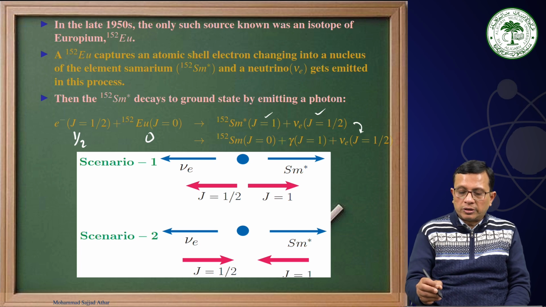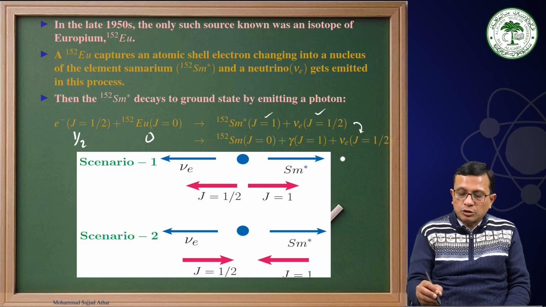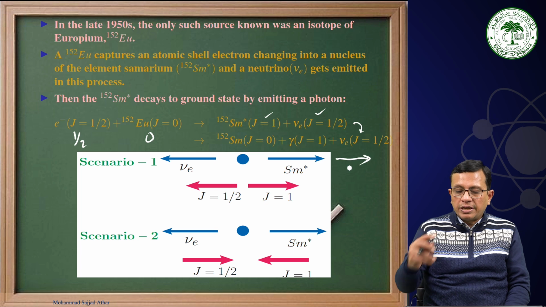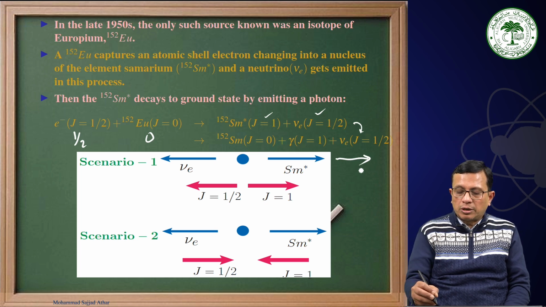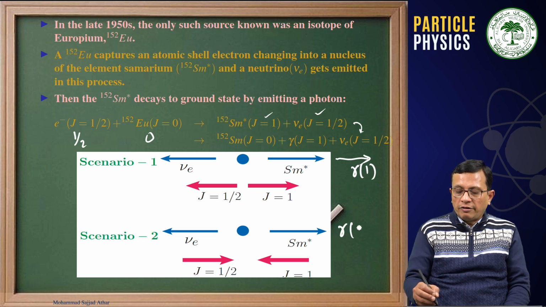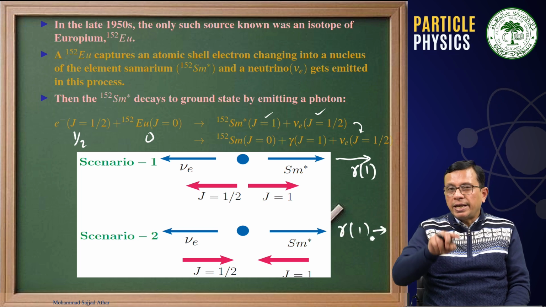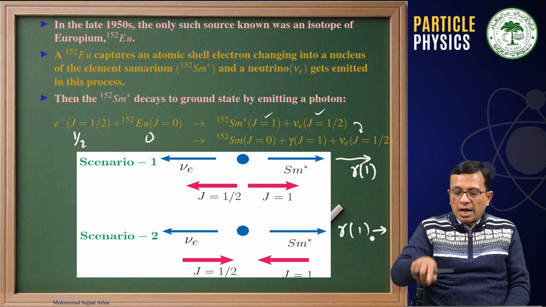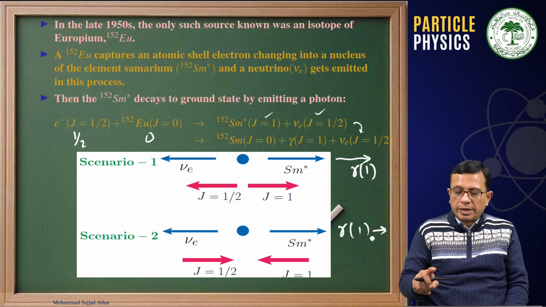Therefore, in the second case, the samarium star, when releasing a photon to come to the ground state, is carrying the spin of the photon in the same direction as the direction of the samarium star.